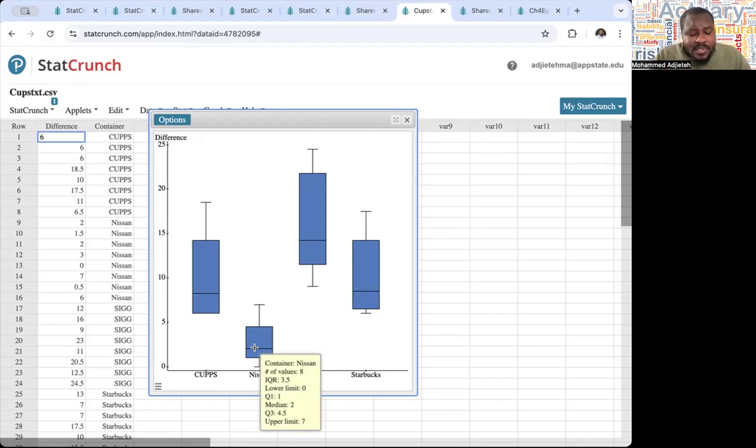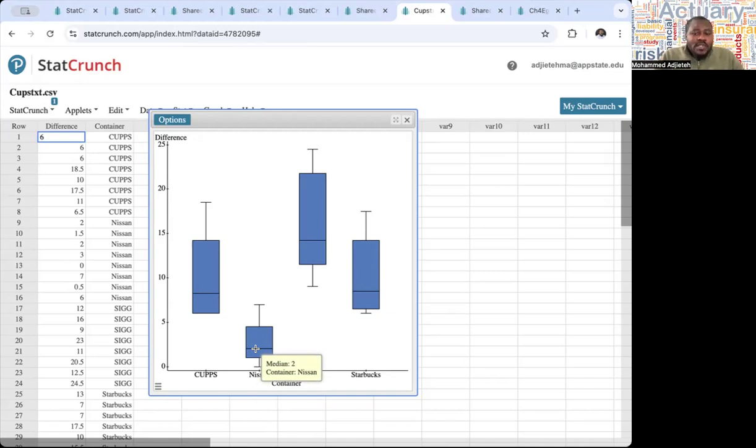So we can see that the Nissan cap is doing the best job, because it is the only cap with the lowest median difference. That is the first thing we could see.